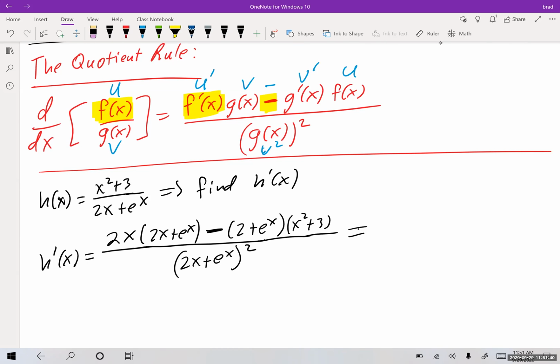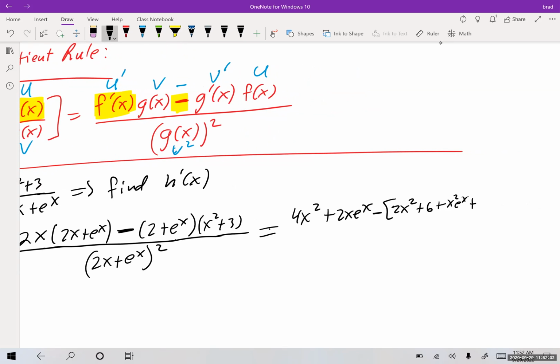So we have 4x squared plus 2x e^x minus, and now there's a lot of foiling here, so we have 2x squared plus 6 plus x squared e^x plus 3e^x all over (2x plus e^x) squared.